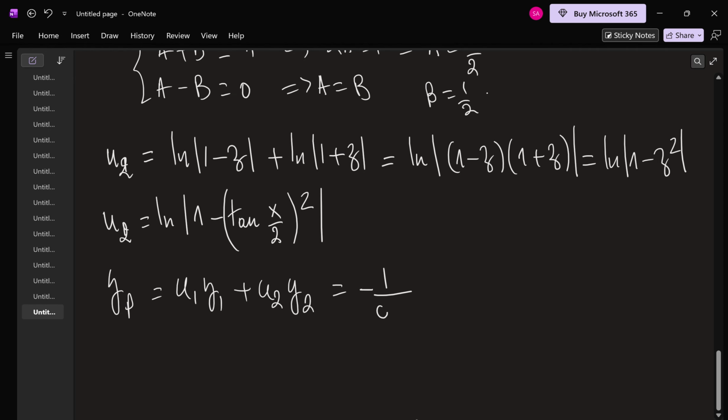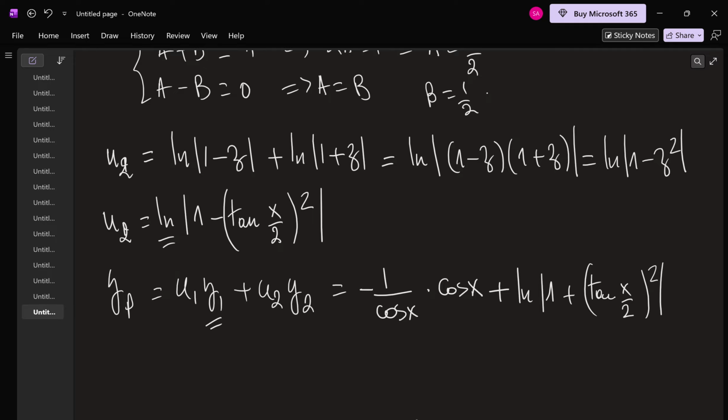So minus 1 over cos x, and u1, it is cos x, plus u2 now, it is this guy, ln 1 plus tangent of x over 2 squared, times u2, it is sine x. Sine x, okay.